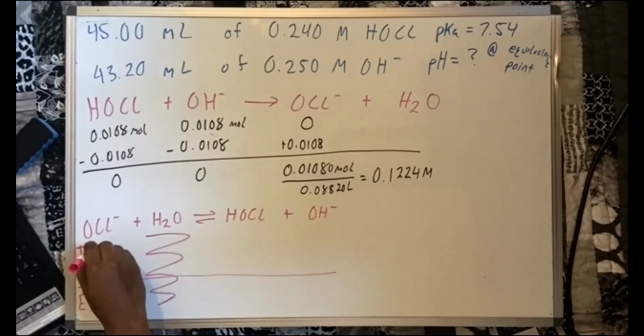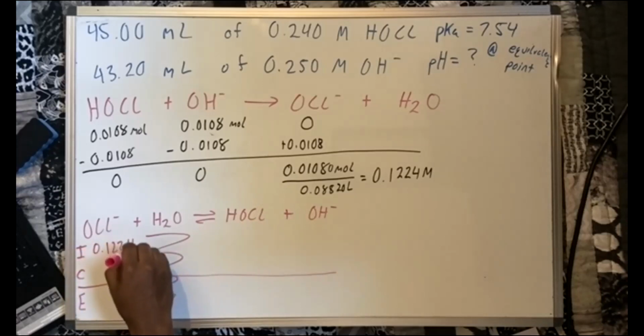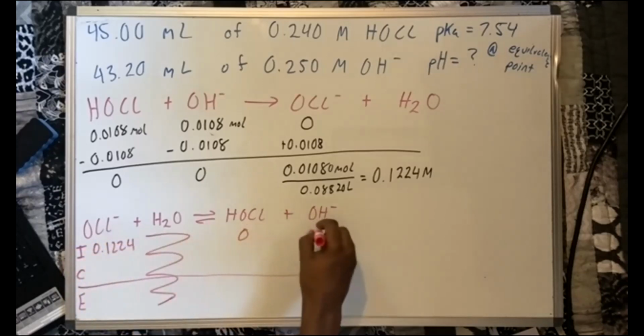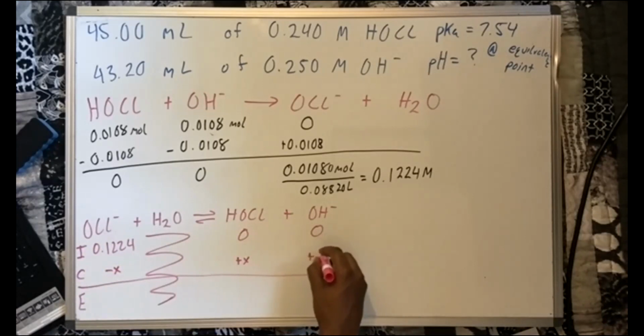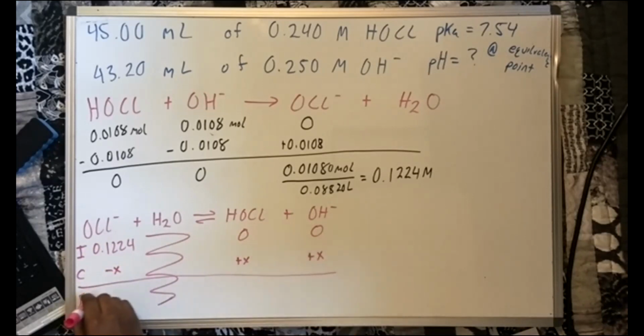My 0.1224 goes there, 0 of that, 0 of that. Minus x, plus x, plus x. So 0.1224 minus x, x and x. Nothing too different right there, right?